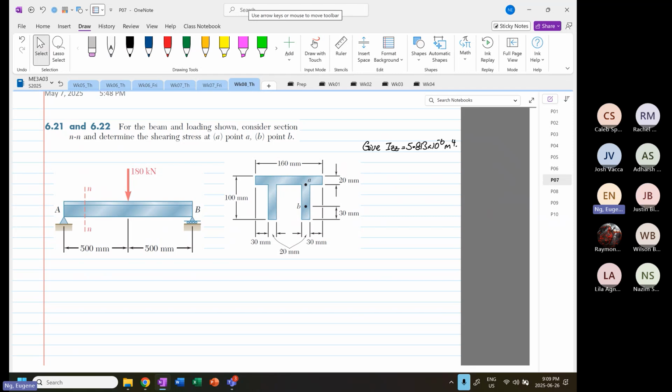I'm going to do something further. Okay. Part C, we are going to derive the shear stress distribution equation. Okay.